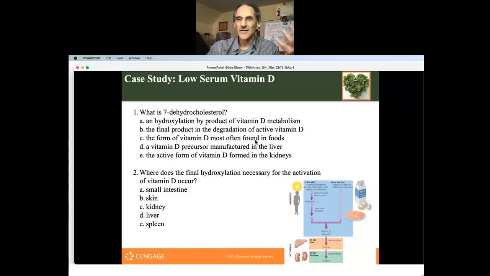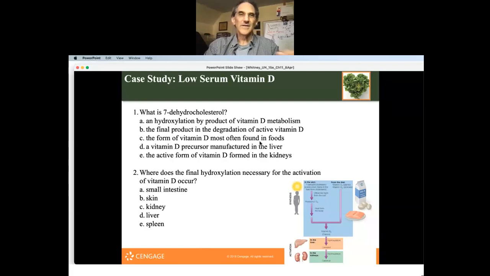Oh, it's got to be a precursor, because we know that certain steroids, and in particular cholesterol, is a precursor to vitamin D, right? Not the type found in foods. So that eliminates a few of the choices. And so which one could it be?